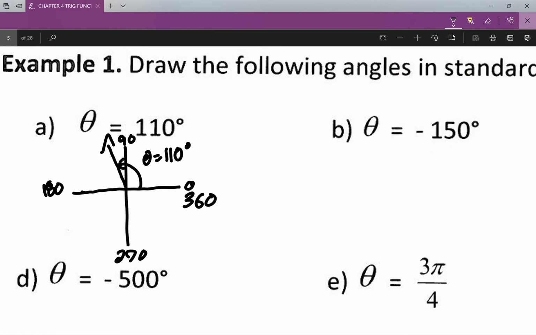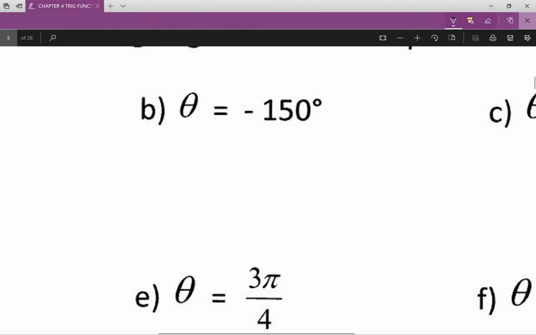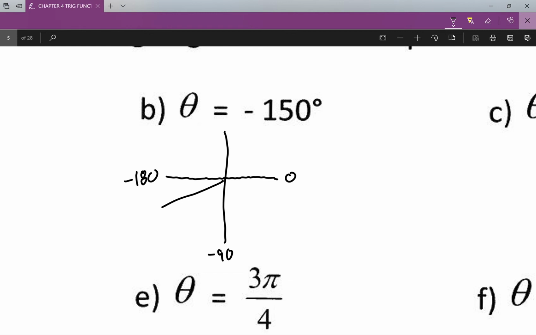There we go. Now, theta equals negative 150 degrees. So I again draw out my Cartesian coordinate grid. Now there's two ways that I could view this negative 150 degrees. I could say, well, it's negative 150, so I go 0, negative 90, and negative 180. And then we could say, well, negative 150, a bit closer to right there, and I go theta equals negative 150 degrees.